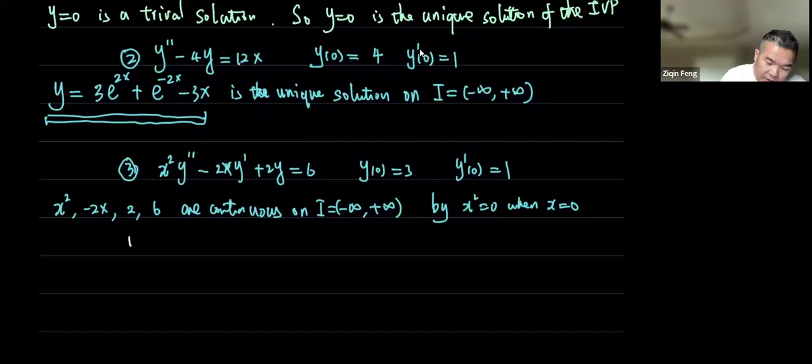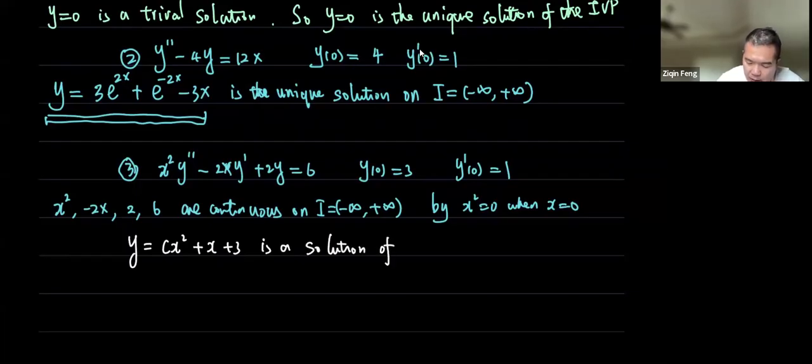You can verify that y equal to cx squared plus x plus 3 is a solution of the initial value problem for any c, right?